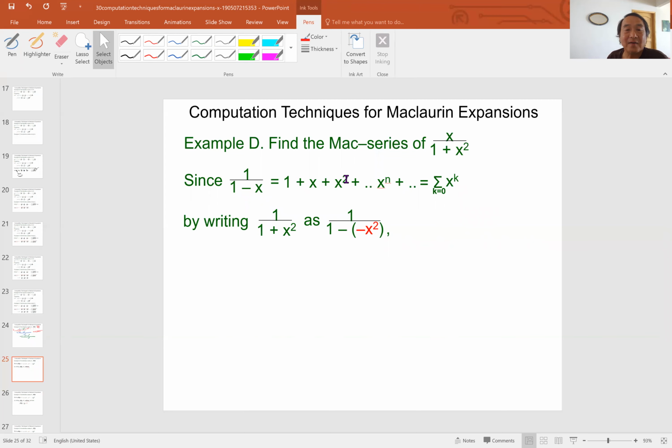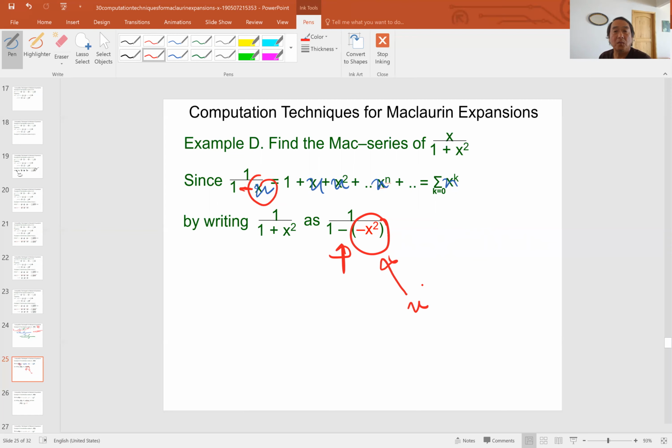Another way is by using the formulas. You have the formula 1 over 1 minus u, which is 1 plus u plus u squared and so on, an infinite sum of u to the kth power. Notice there has to be a minus sign here in the formula. So in this case, I have to replace a plus by a minus sign, meaning u is negative x squared. So be a little careful with reading the sign when you use the formula for 1 over 1 minus x.